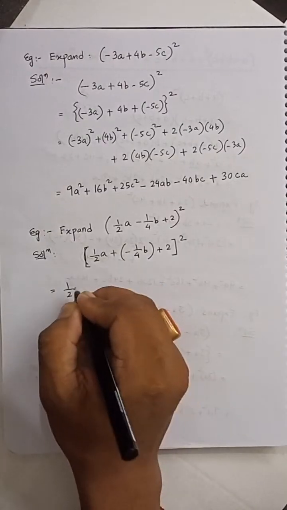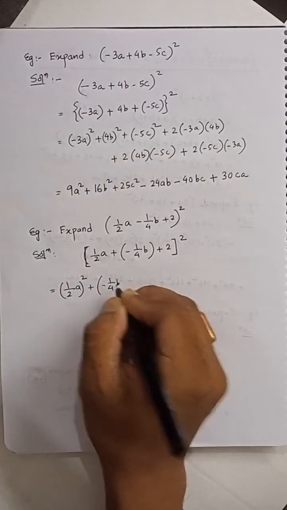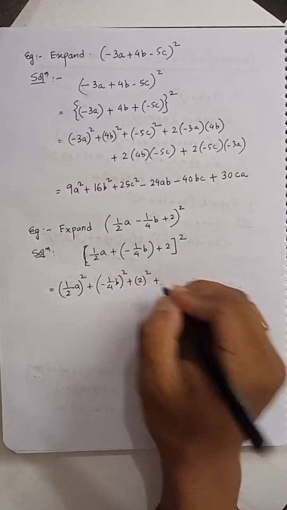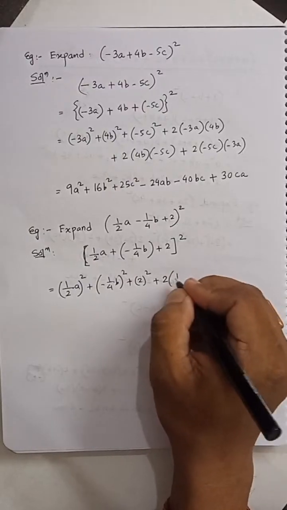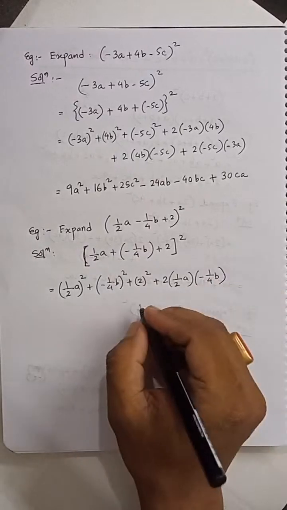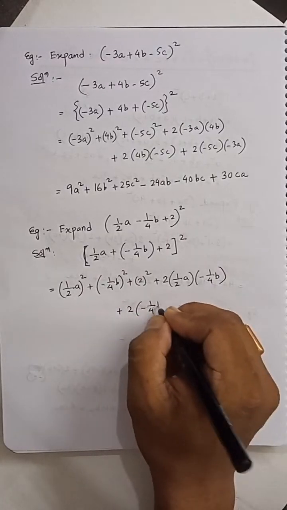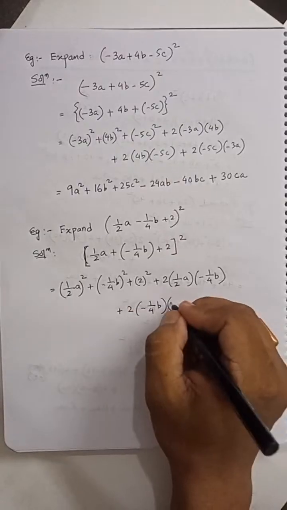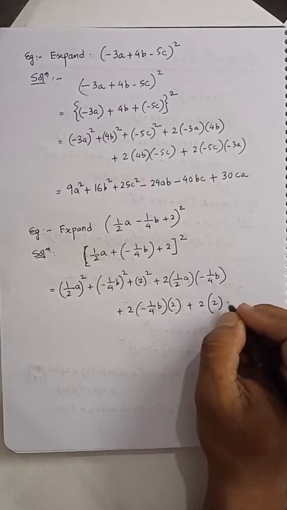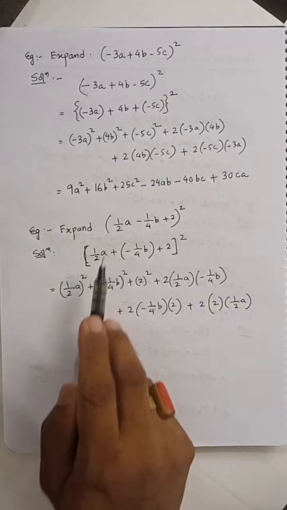So 1 by 2a whole square plus minus 1 by 4b whole square plus 2 whole square plus 2 into 1 by 2a into minus 1 by 4b plus 2 into minus 1 by 4b into 2 and 2 into minus 1 by 2a.